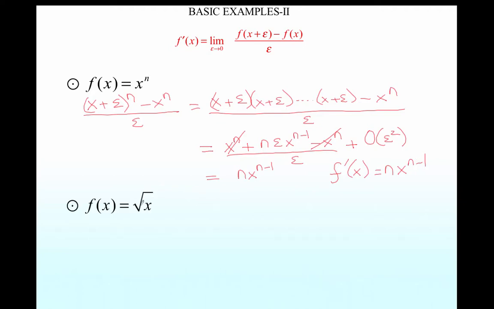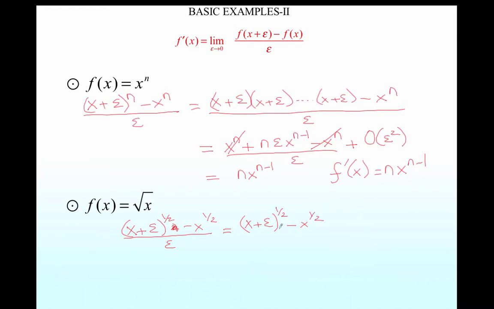Let's now work out this example. f of x is square root of x. In this case, we need x plus epsilon to the power half minus x to the power half divided by epsilon. And now there's a little trick we can use. We can multiply by 1, but let me write this as before.